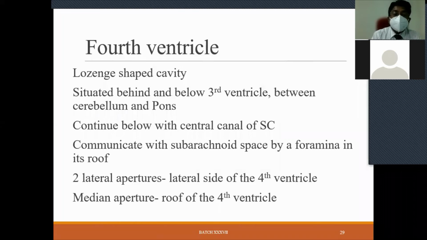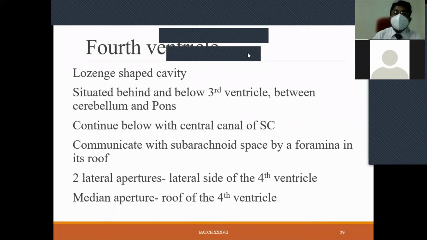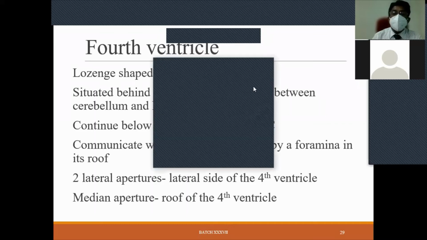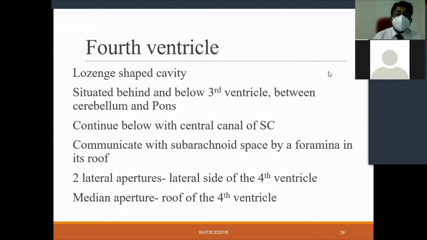As I said, the fourth ventricle is a lozenge-shaped cavity situated behind and below the third ventricle, between the cerebellum and the pons. The lateral ventricles are situated below the corpus callosum.